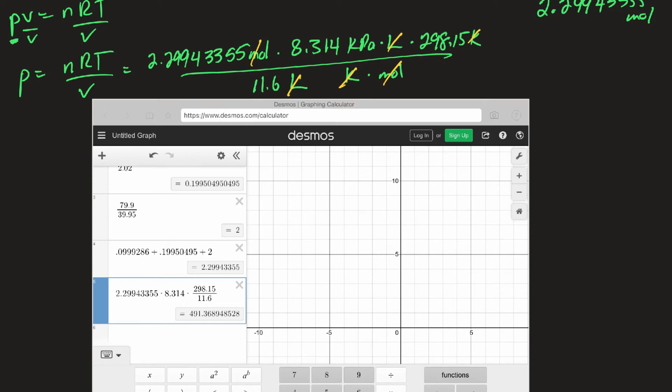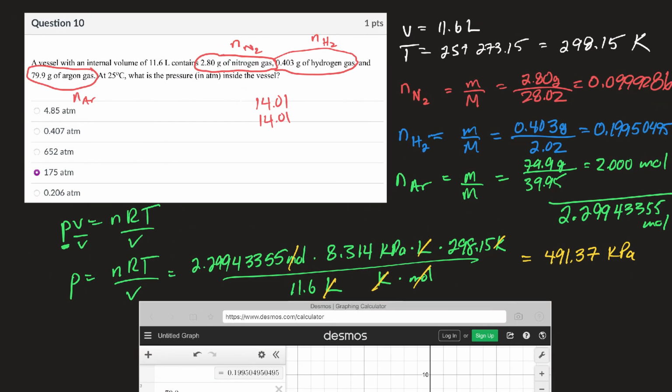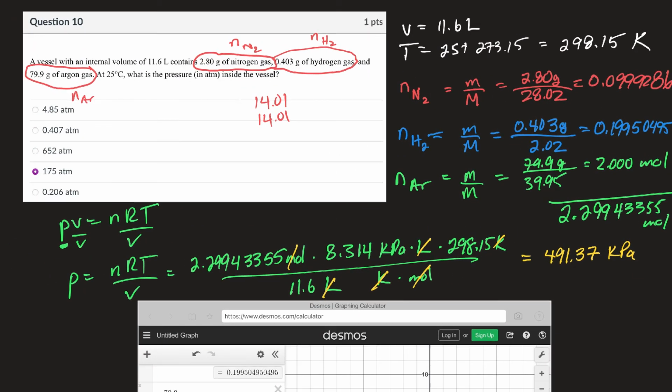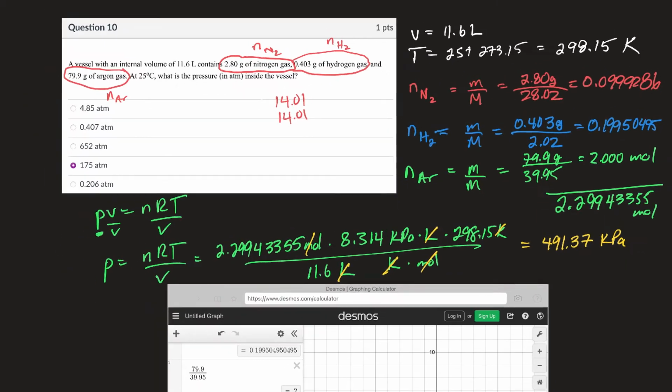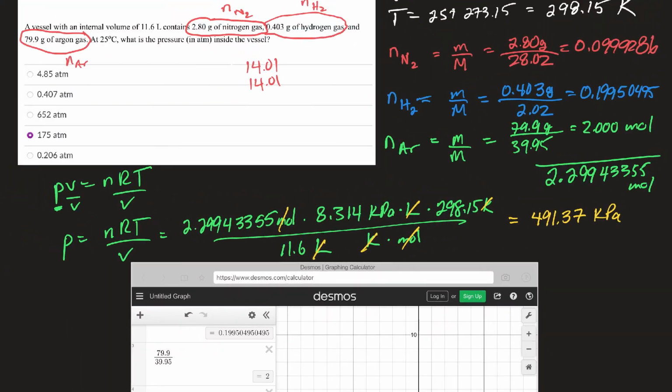So the pressure, I'm saying, is 491.37-ish kilopascals. In terms of sig figs, let's check that out. The volume has 3, but the temperature's only 2, so I could go 490 on that.